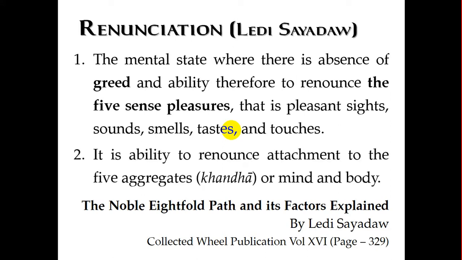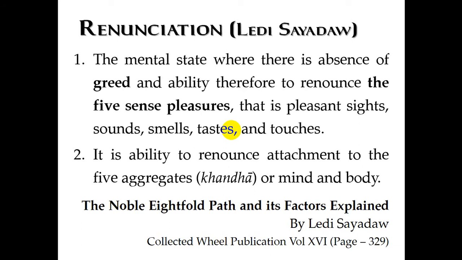Another one is the ability to renounce attachment to the five aggregates. This is a technical term in the Pali Canon. We use five aggregates, khandha, right? Sometimes we use mind and body, nama rupa. Normally in the Pali Canon we always use five aggregates. The form, right? We have to renounce desire and attachment to the form. Normally we have attachment to the form of our body, the form of other people, right? So we have to renounce.